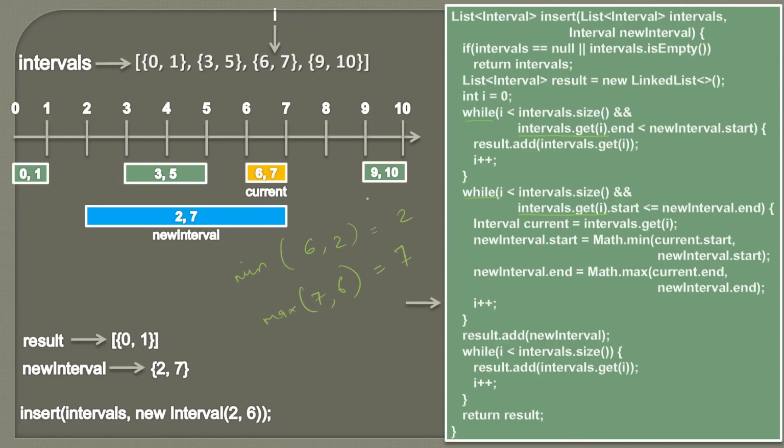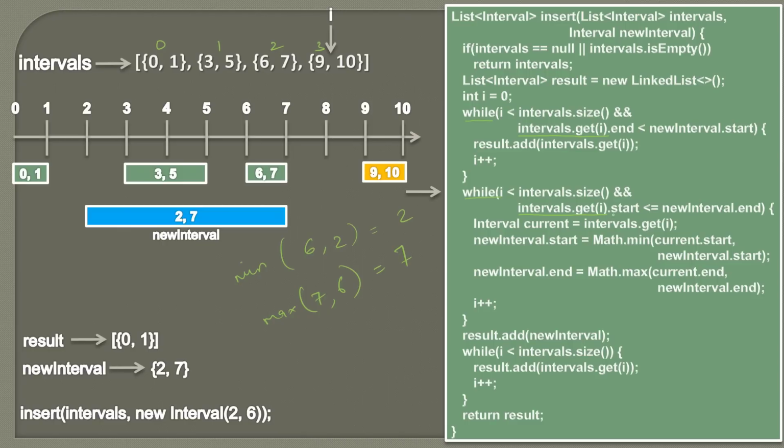Moving ahead, we will increment I. I becomes 9, 10. I is still less than intervals.size, because the value of I is 3, with indices 0, 1, 2, 3. 3 is less than 4. Intervals.get I, which is 3, will give 9, 10. And here you can see this 9, 10 actually belongs to the third region.